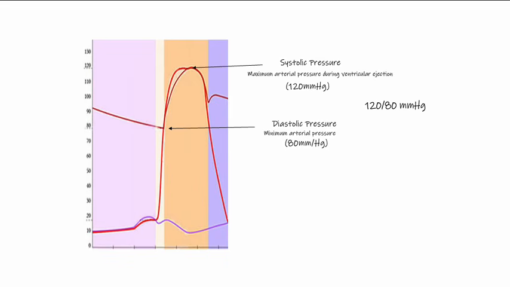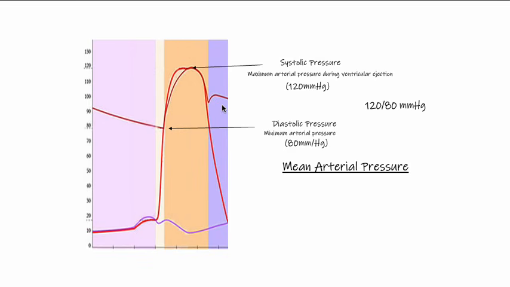That's a commonly used number, and it's a number which many medical therapeutics are directed at. When we're talking about physiology, a number that's often used more in critical care type settings is called mean arterial pressure. The mean arterial pressure is the mean pressure over the entire cardiac cycle.